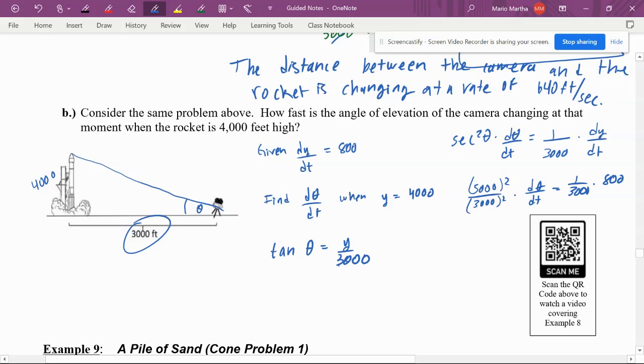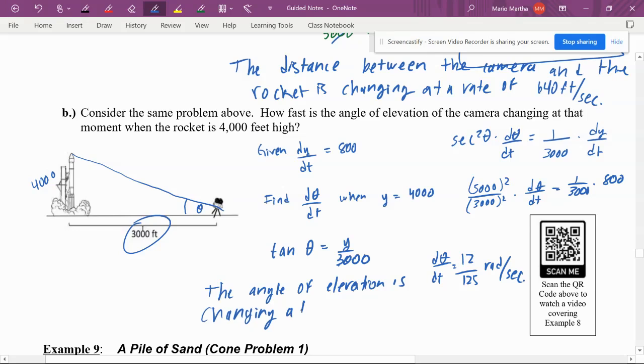Then we simplify one more time. Again, don't be afraid to plug everything into your calculator. You're going to find that d theta/dt equals 12 over 125 radians per second. So we can say that the angle of elevation is changing at a rate of 12 over 125 radians per second.